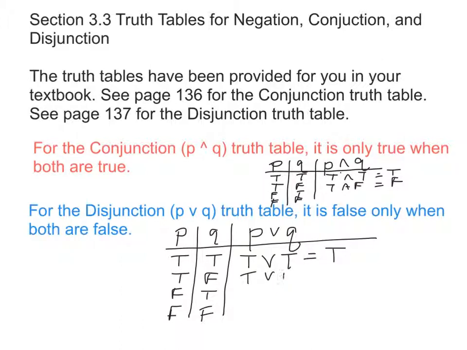True or false is true. False or true is true. But false or false is false. Remember, the only time this is the case is when both components are false.